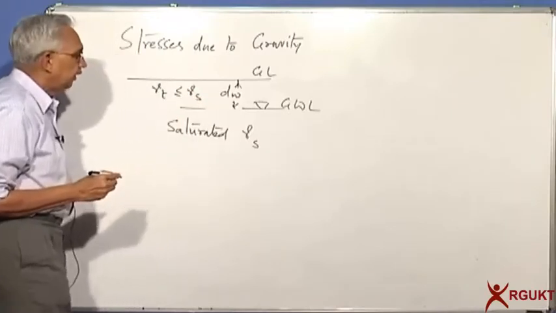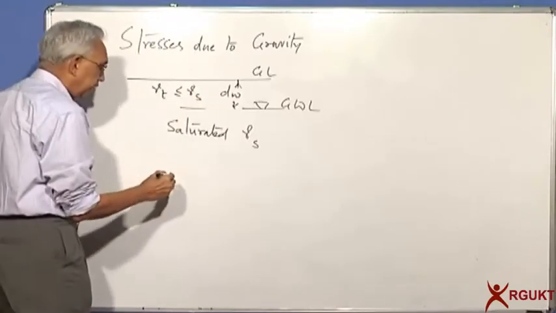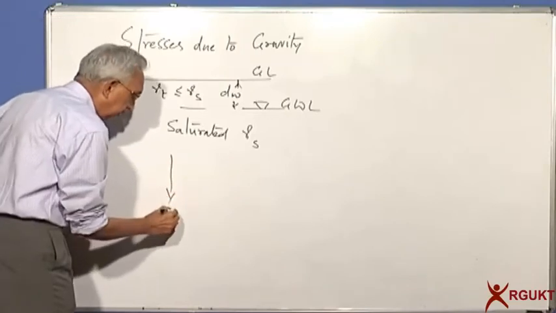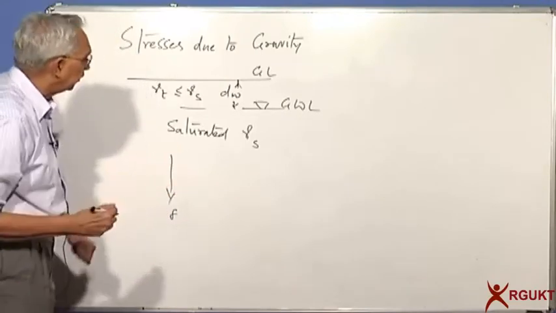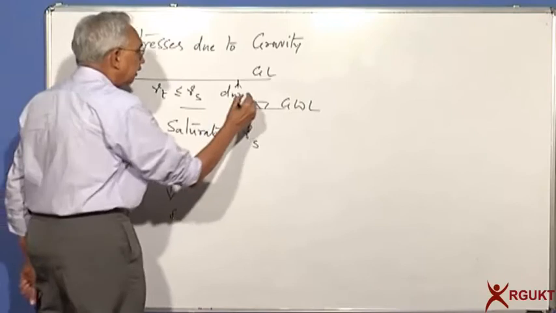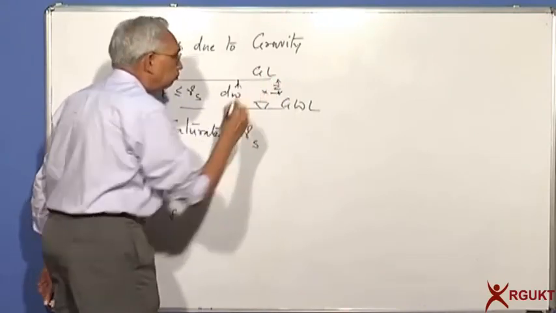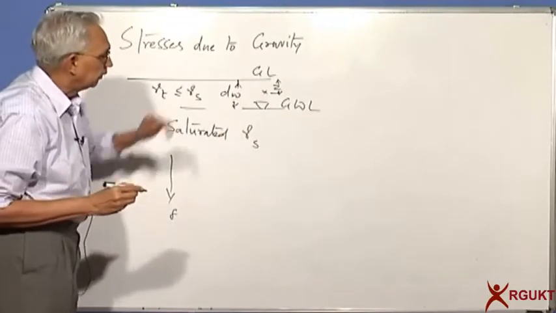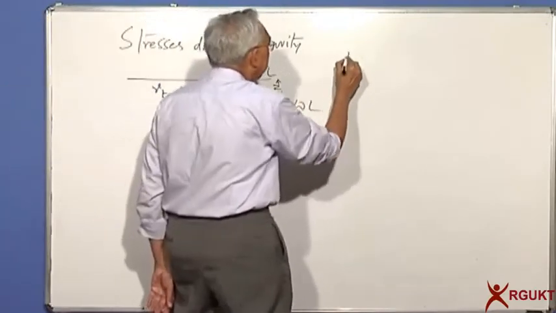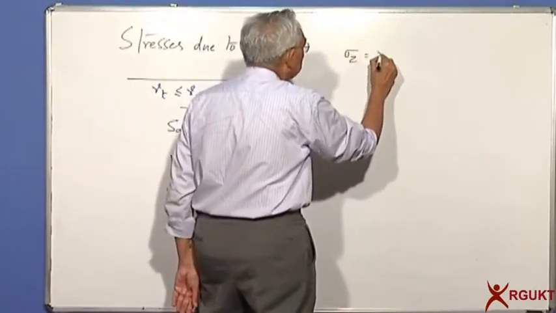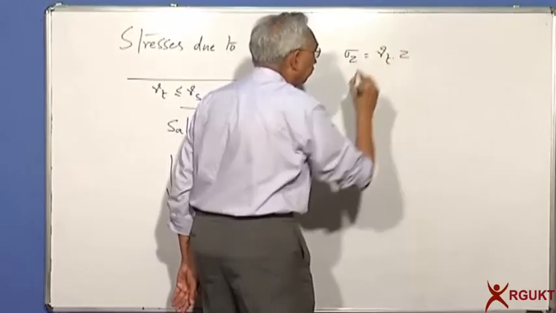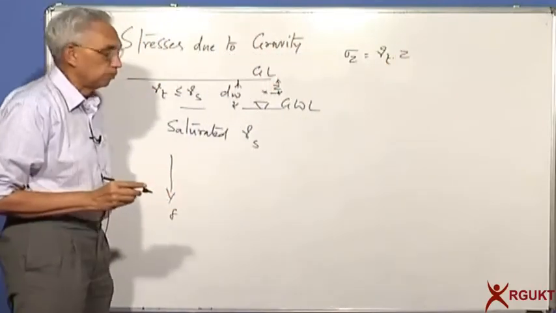So when I want to calculate stresses due to gravity, you know that gravity pulls everything downward. Let us say if I take a point at a depth z within the zone above the water table, you can simply say sigma z is equal to gamma total into z, where z is the depth to the point.